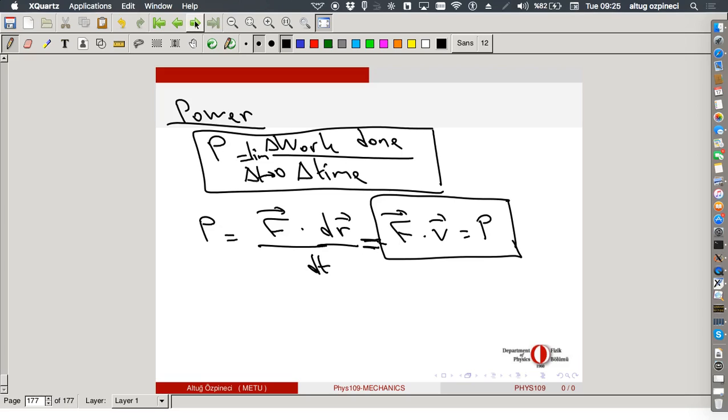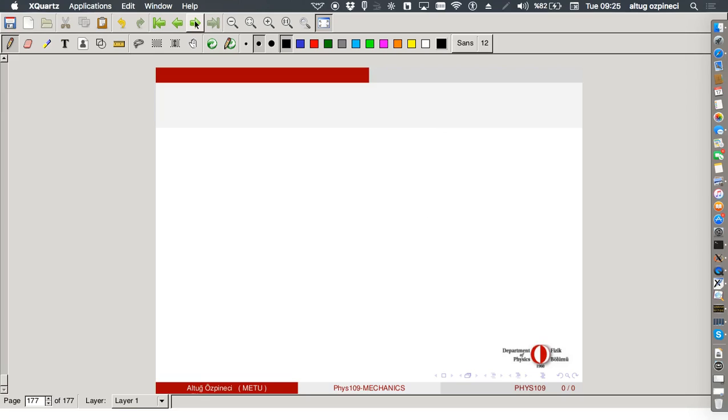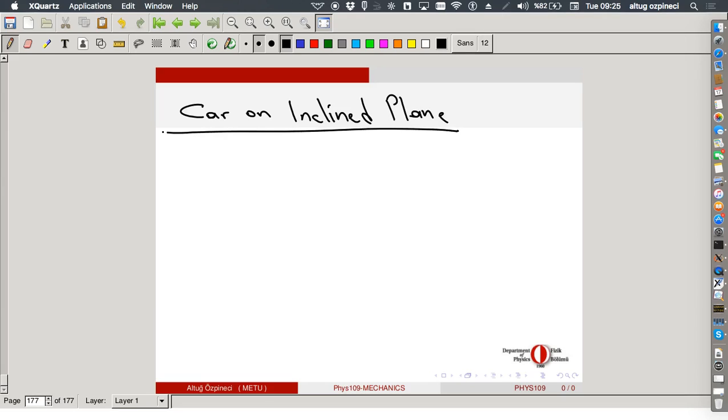Well, the same thing holds for, let's say, a car on an inclined plane. This is your car. And you want to go uphill at, let's say, a speed v.